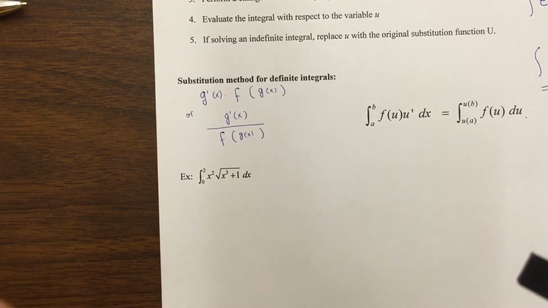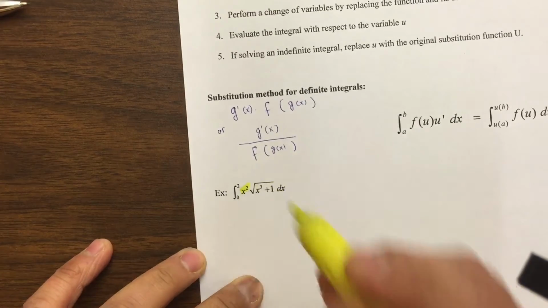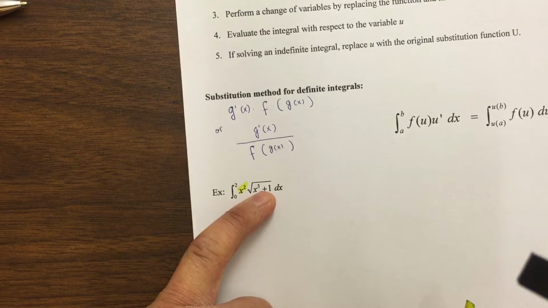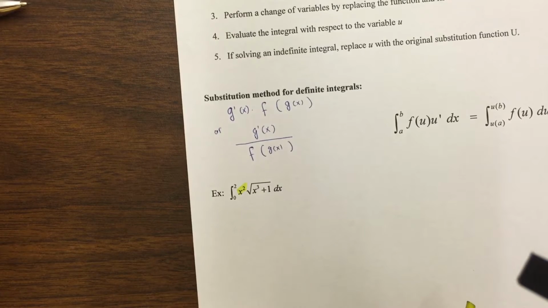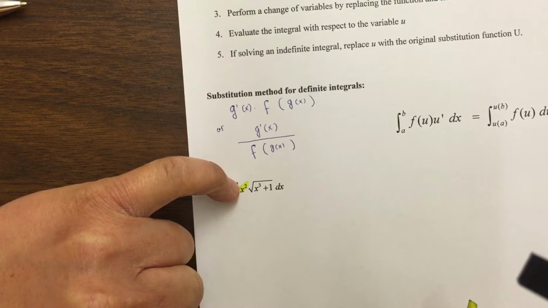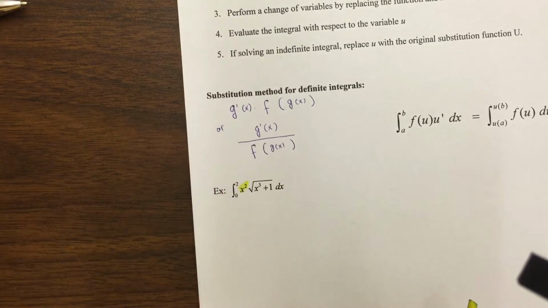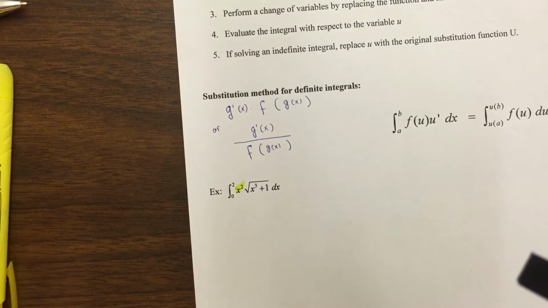And also, if you look carefully, this is the outside function, and that is really the derivative of the inside. The inside is x cubed plus 1, and its derivative is 3x squared. Even though you don't see a 3 in front of the x squared, you know that you can turn that into a 3 by multiplying by 3. Therefore, this problem can be done by the substitution method.